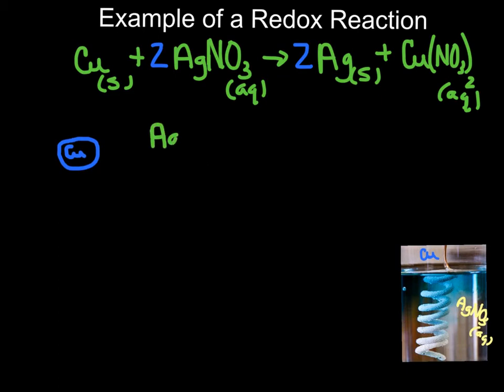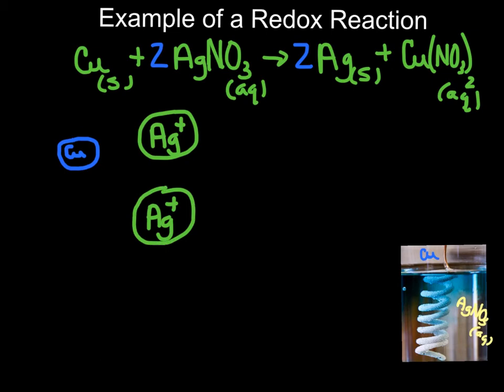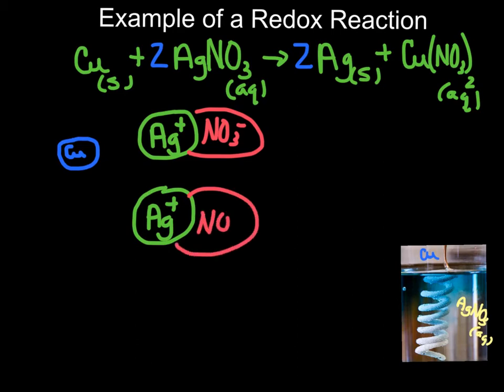So we've got an Ag plus and an Ag plus, and it's hooked up with a nitrate. So let's hook that up with a nitrate, NO3 minus, NO3 minus.